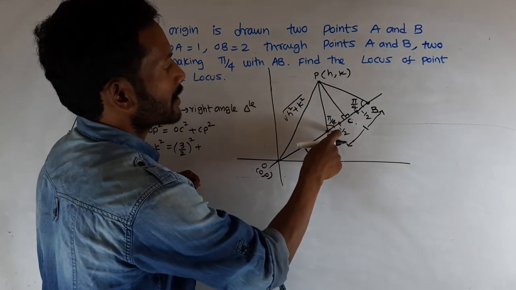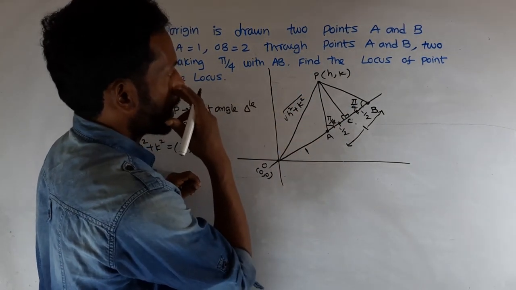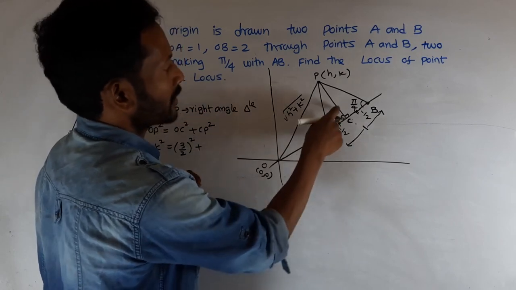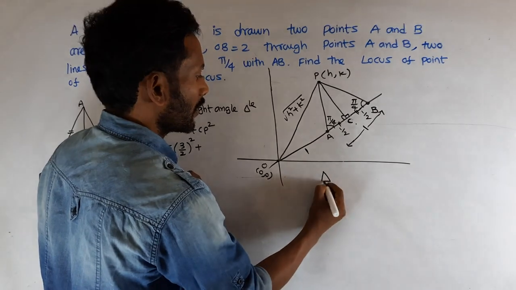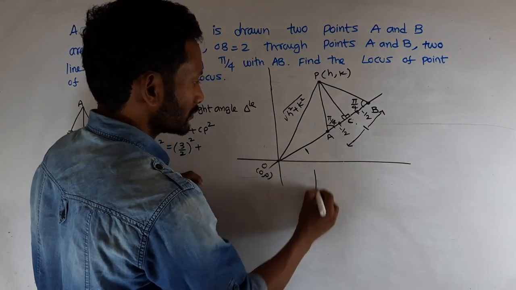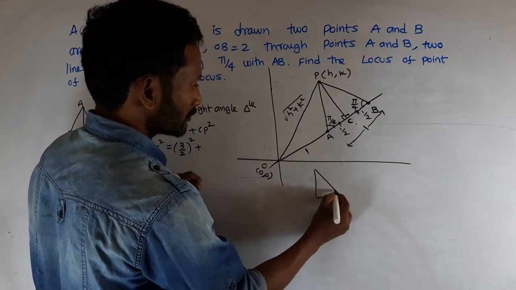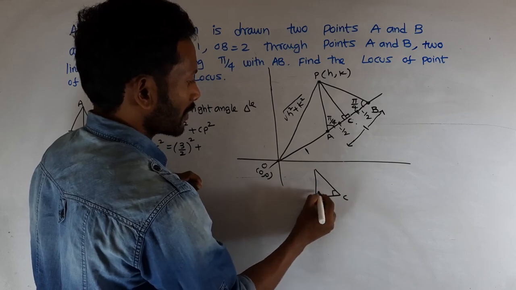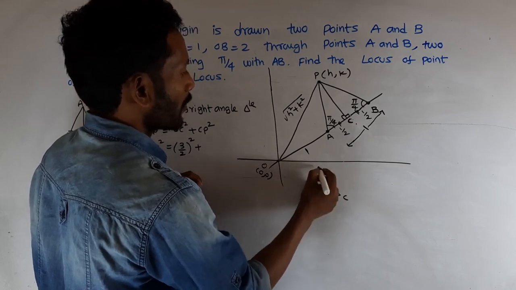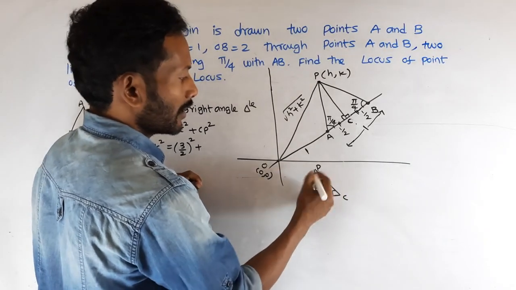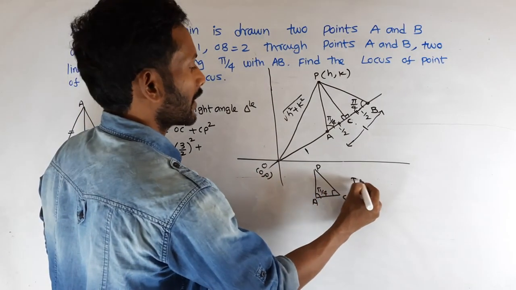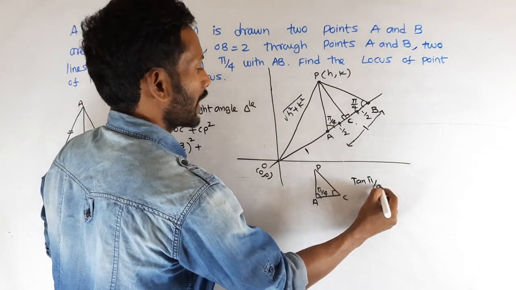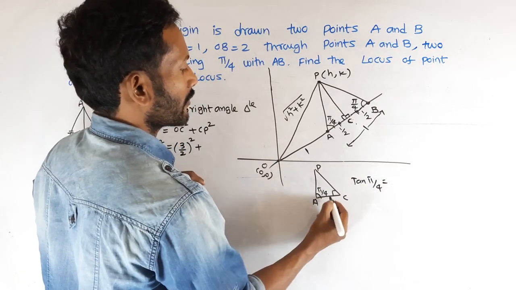So the adjacent is available. Opposite by adjacent is tan theta, so applying tan. Now in this triangle ACP, with point C, angle pi by 4, point P, point A, the length of AC is 1 by 2.